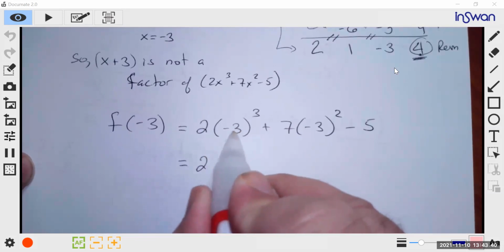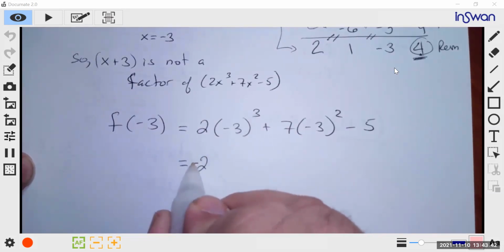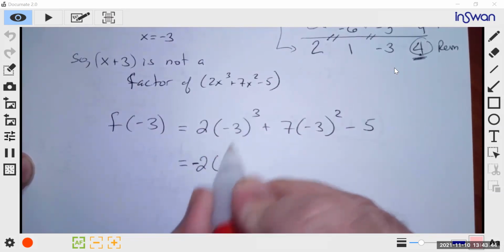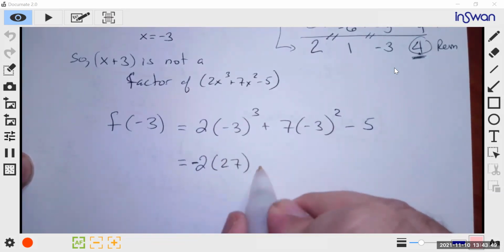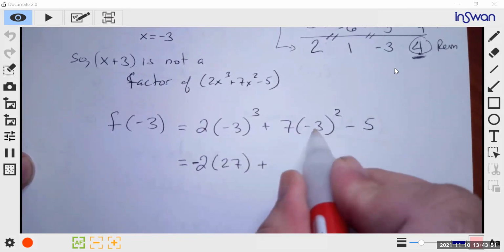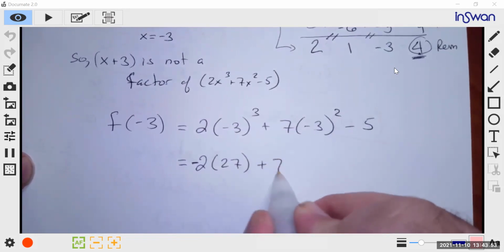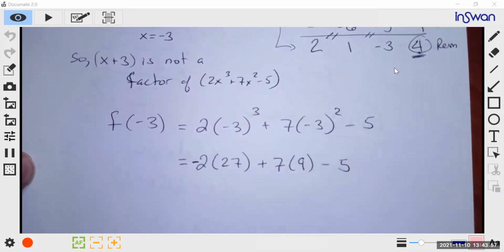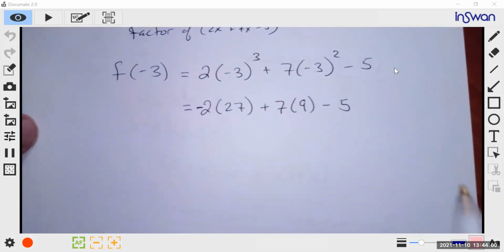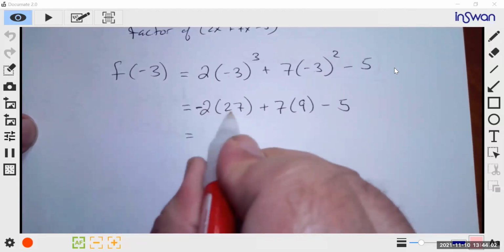So -3 cubed is going to be negative. 3 cubed is 27. -3 squared is going to be positive. 3 squared is 9. -2 times 27.